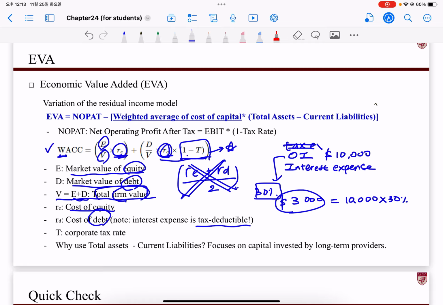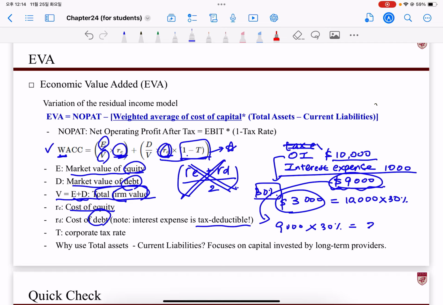But if, let's say, interest expense is tax deductible and your interest expense is 1,000, then it means that when you're calculating tax, you can deduct interest expense from operating income. So that you are applying 9,000 instead of 10,000 when you're calculating the tax. So it's going to be 9,000 times 30%, $2,700 instead. Okay, so you get a tax favor from the government.